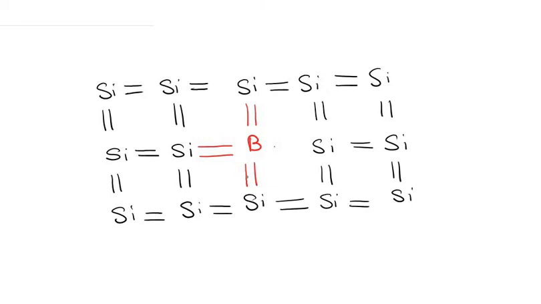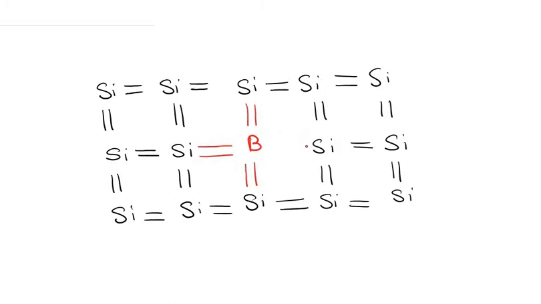But with the 4th silicon atom, which is also a neighboring atom, there is no bond formation, because boron has exactly 3 electrons in the valence shell. So there is no bond between this boron atom and this silicon atom over here.